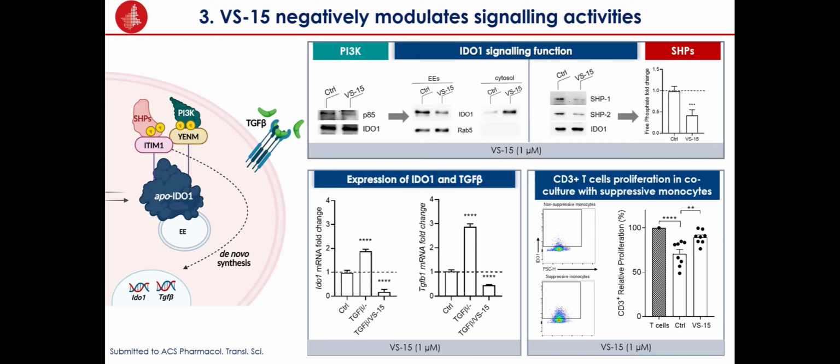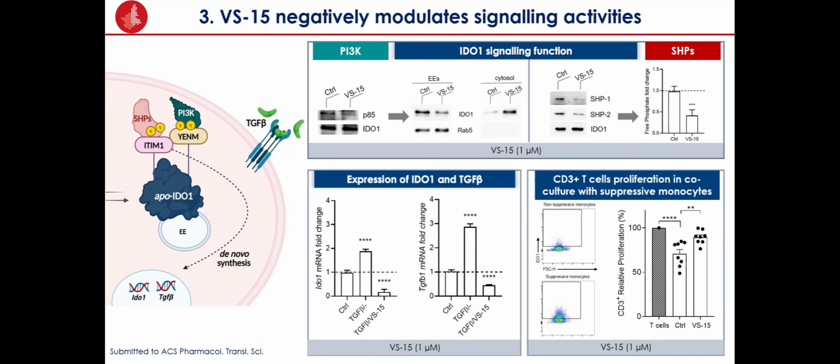It can also inhibit the association with the phosphatases SHIPs, and here I thank Esther for the lecture that was given before on these phosphatase enzymes. As you can see, the interaction with SHIP1 and SHIP2 was reduced, and this also causes a reduction in the formation of free phosphate in a phosphatase assay. And as a result, VS15 is able to decrease the expression of both IDO1 and TGF-beta.